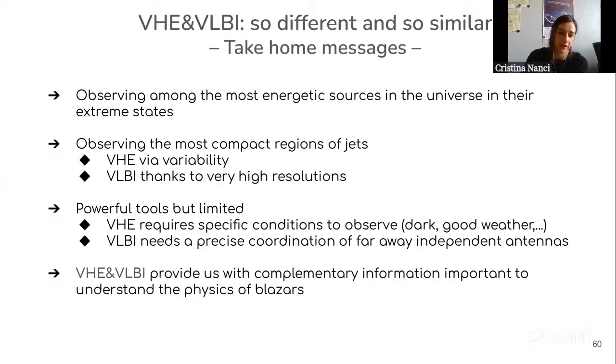We only observe during dark nights and with good weather, while for VLBI we need a precise coordination of faraway antennas. But very high energy and VLBI observations together provide us with complementary information to draw the big picture about the physics of blazars.